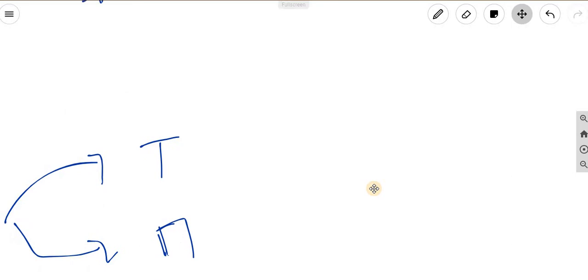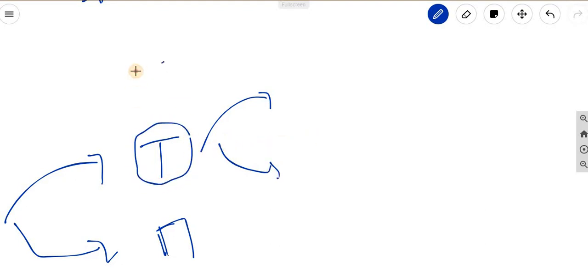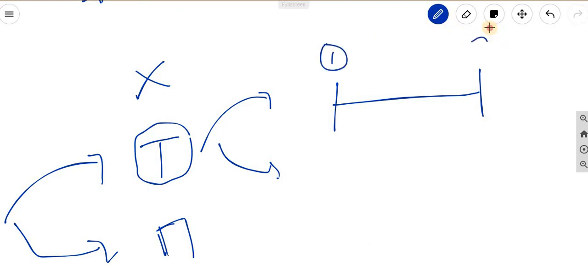So basically, in the formation of the Y-bus matrix, we don't consider this T model. Suppose here one bus, here one bus, number of buses 2.